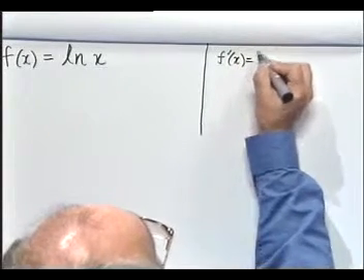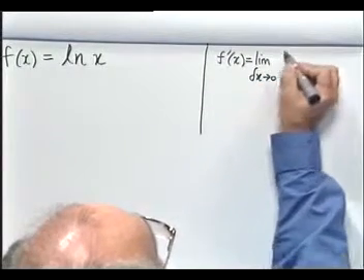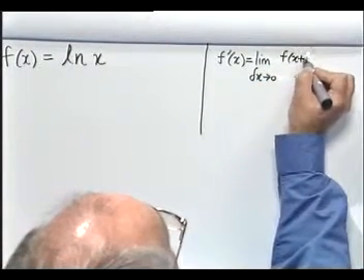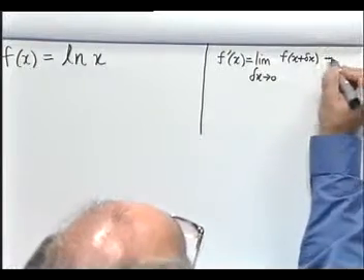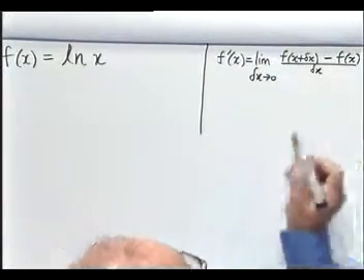F dashed of x is the limit as delta x tends to 0 of f of x plus delta x minus f of x all over delta x. That's the formula for differentiation from first principles, and we'll apply that to this function in a minute.